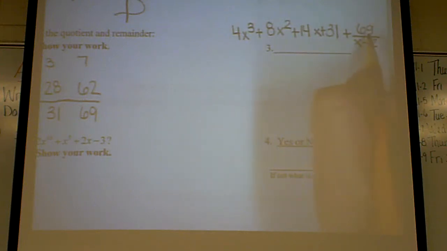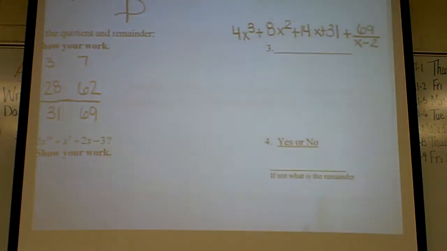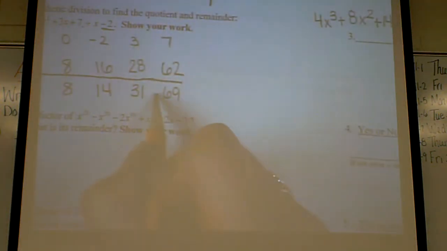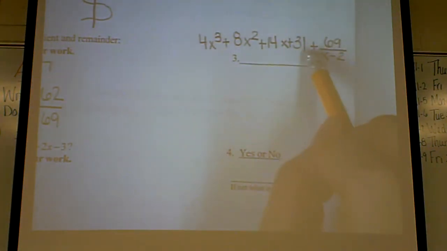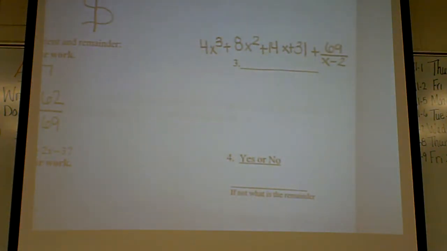Make sure you put 69 over x minus 2. If you had ended up with a negative over here, you would do a subtraction sign over here. Everyone understand that?